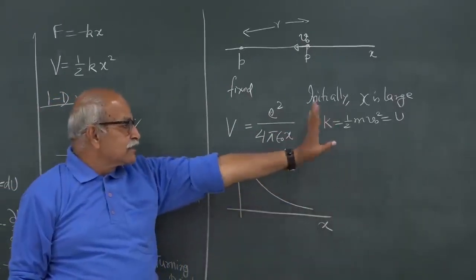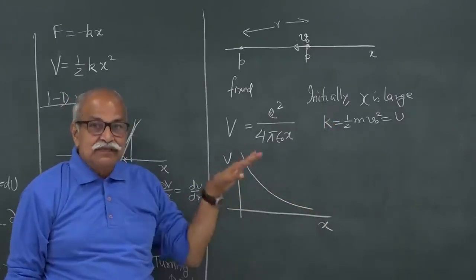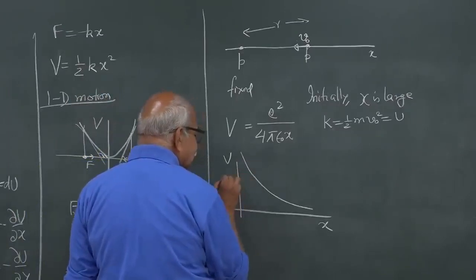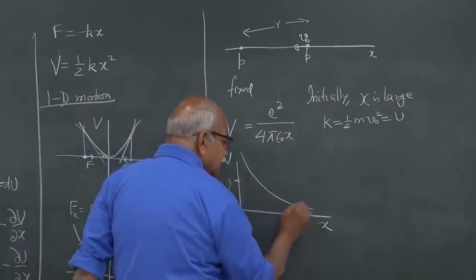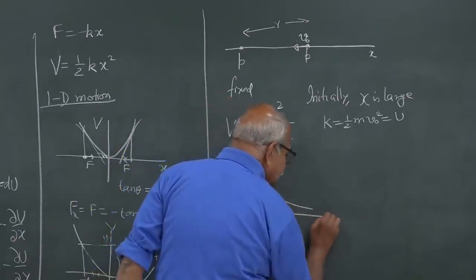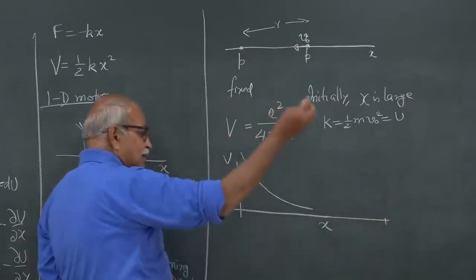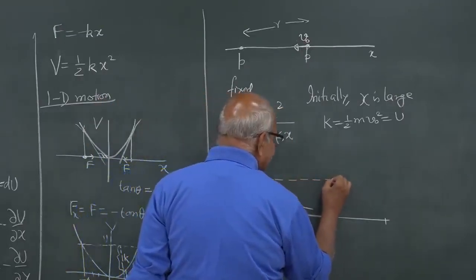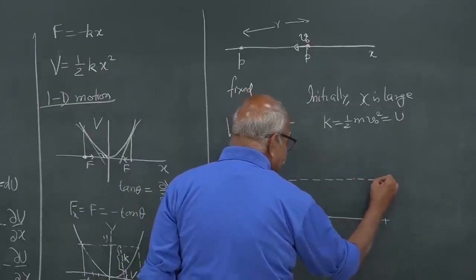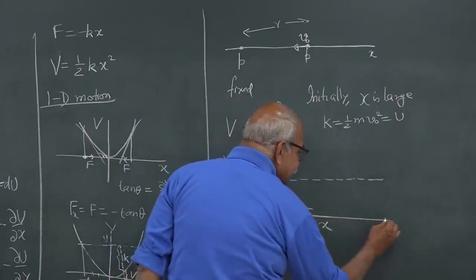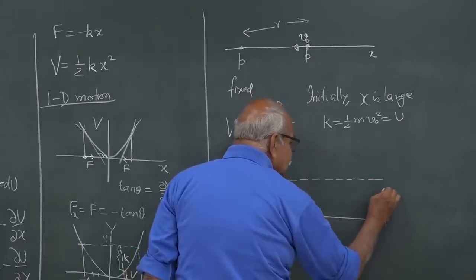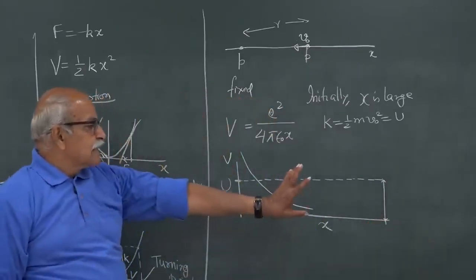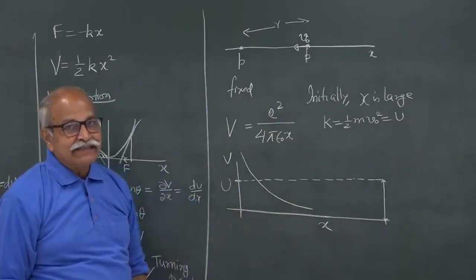Suppose this total energy is known, and let us say this is that total energy. Initially x is very large, that means the particle is somewhere here at a large x. If the particle is here, the potential energy is almost 0 and this much is the kinetic energy and also the total mechanical energy.